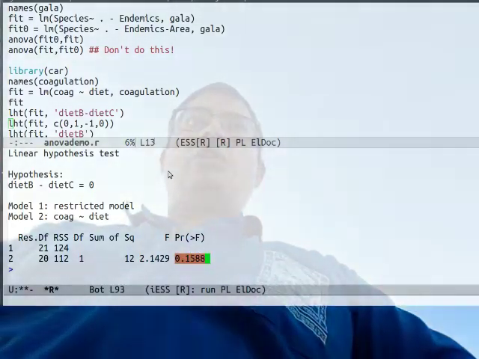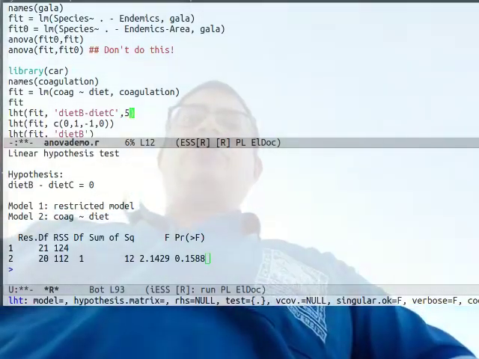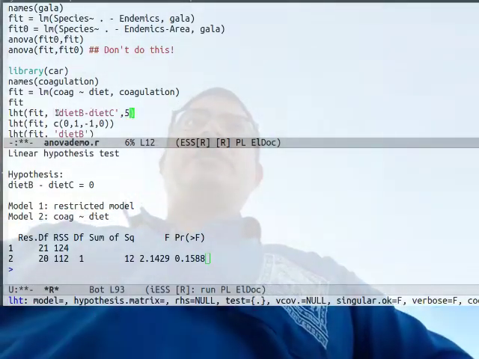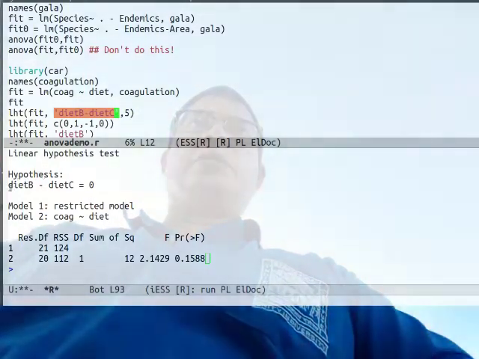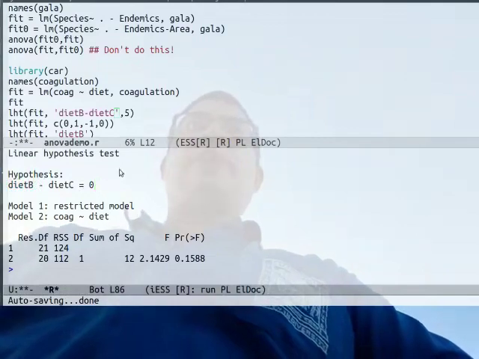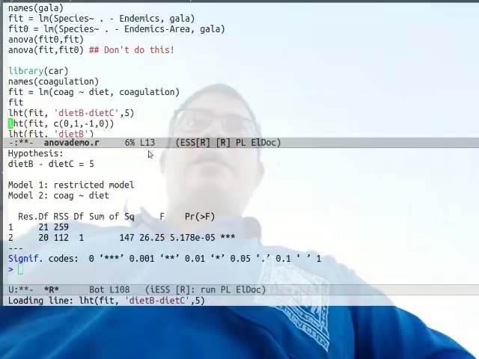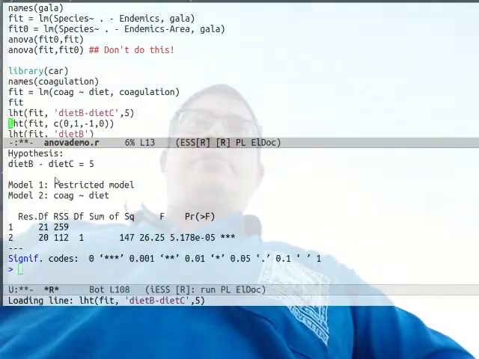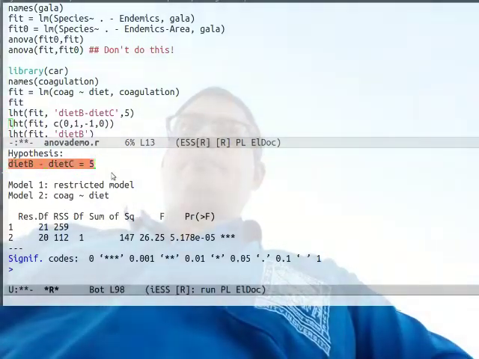Now I could also specify not just this but equal 5. So this will test dietB minus dietC is equal to 5. Here you can see that they have written the hypothesis as dietB minus dietC equal to 0. So if you do not specify the right hand side, it will take it to be 0. Now if I do that, then I will have dietB minus dietC is equal to 5.